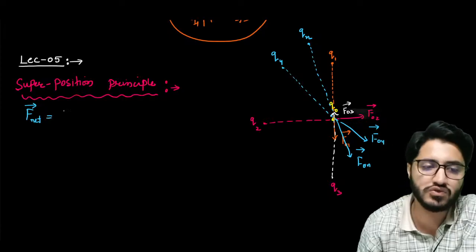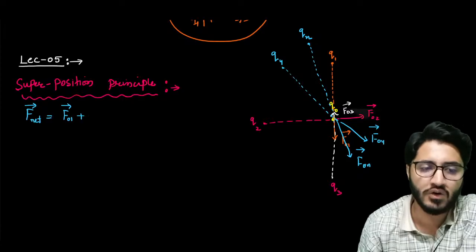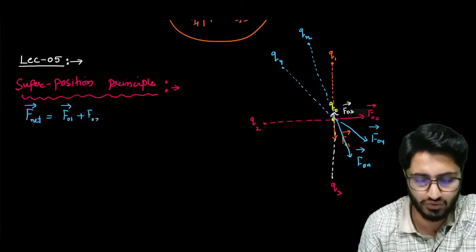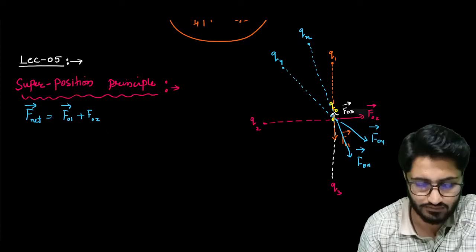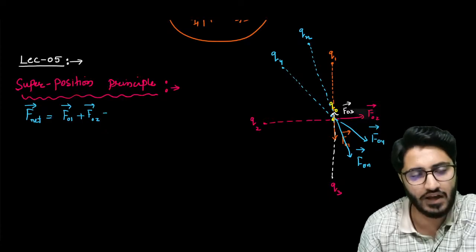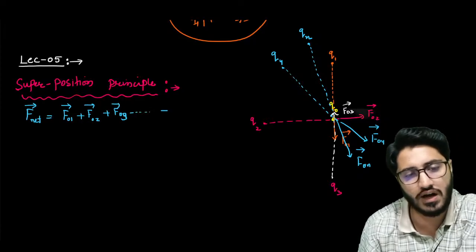It will be equal to force on 0 due to 1, force on 0 due to 2, then force on 0 due to 3, and so on up to force on 0 due to n.